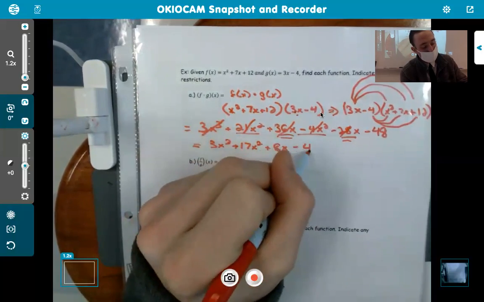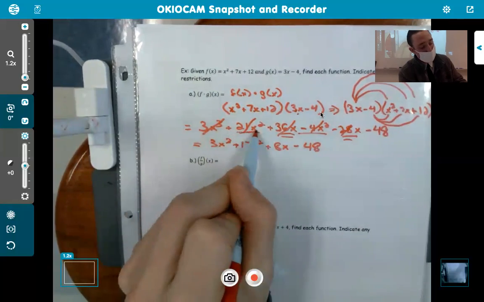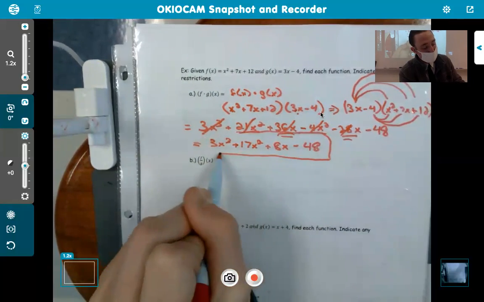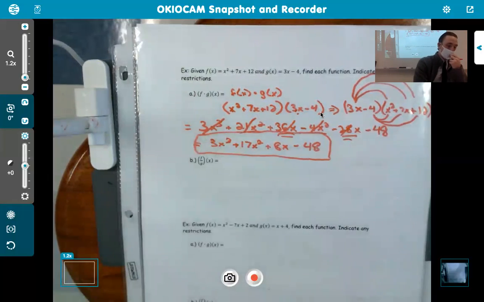And then that -48, that constant term just tags along. I can't combine that with anything else. So that is my final answer. Okay. Any questions about that first example there, part A, when I'm multiplying two functions together?